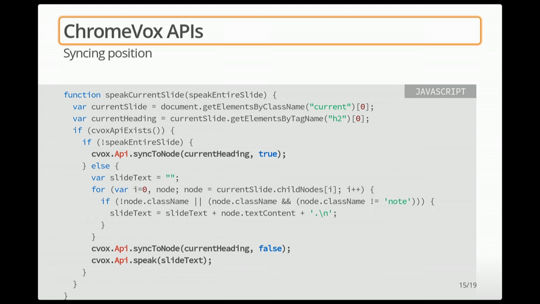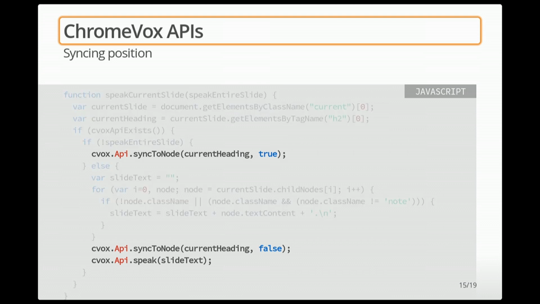All you have to do is just call API sync to node, and you'll basically tell ChromeVox that, hey, the user is over here right now, and it will position them at the correct spot. As I showed earlier in the notes slide, this is actually what allowed me to put myself back on the heading after the user dismissed the speaker notes. So it's great for focus management. And again, really simple there. The second parameter just controls whether or not to automatically speak or if you want to speak a custom message.